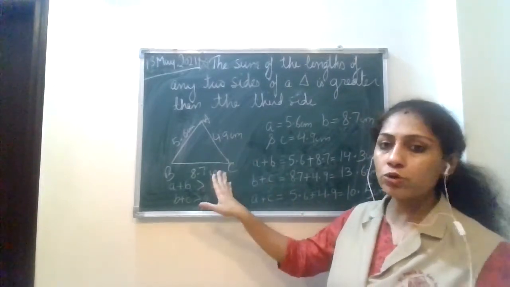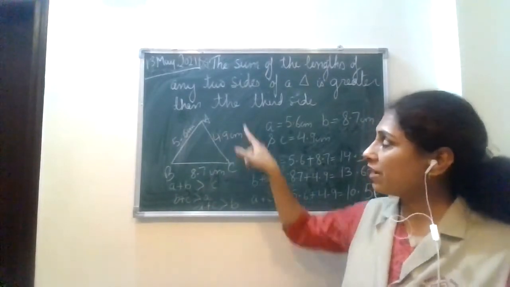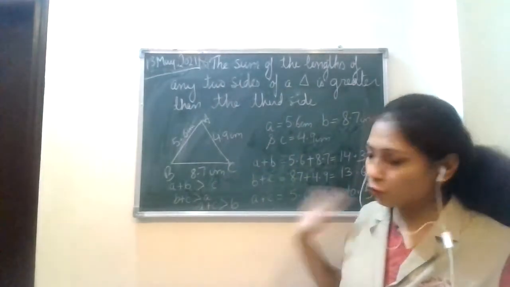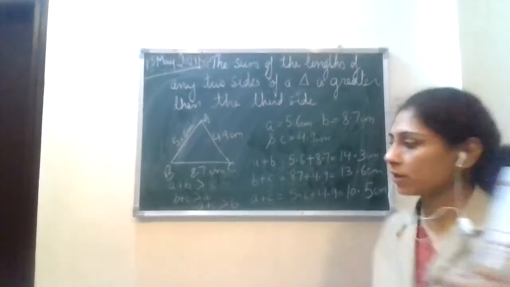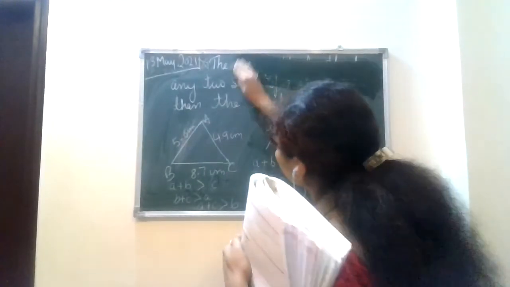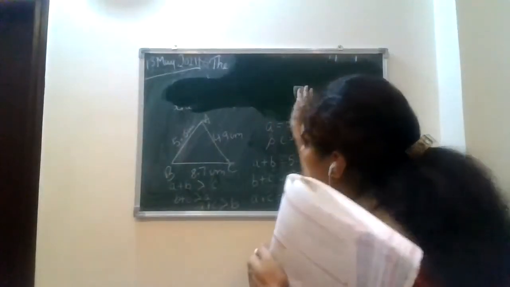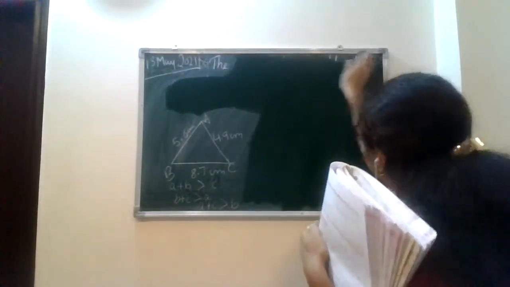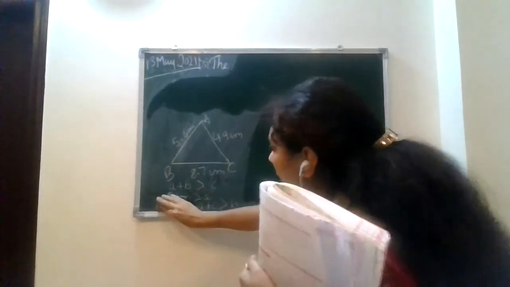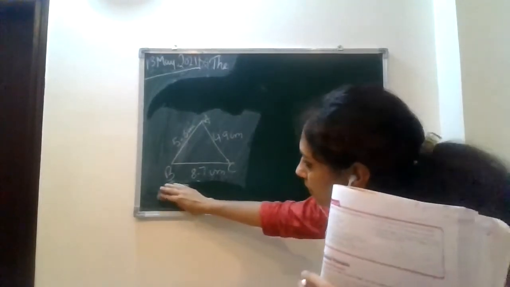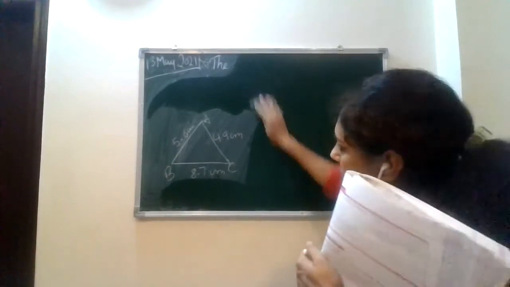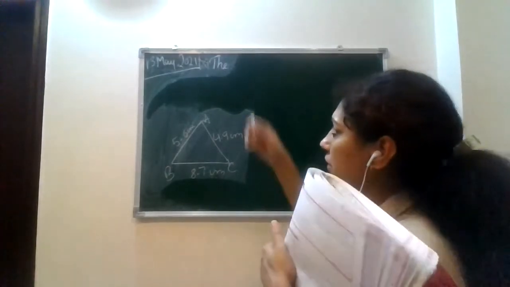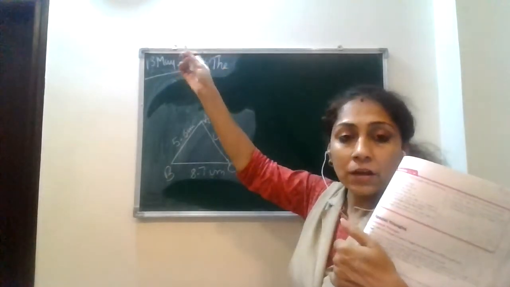I'm not going to erase this triangle, but I will erase this statement. I will reverse the statement now about the subtraction, and then I'm going to prove it. See here carefully. I'm taking the same parameters, the same measurements. Now I'm going to change this; you can consider it as the other property.